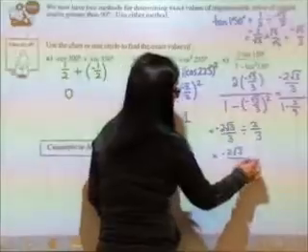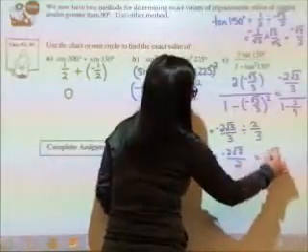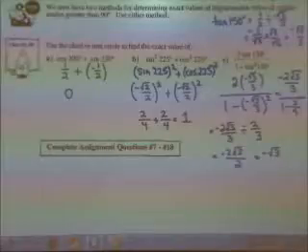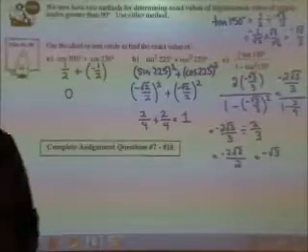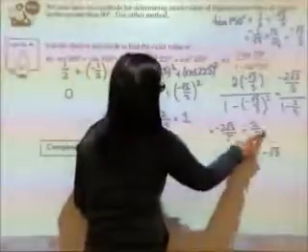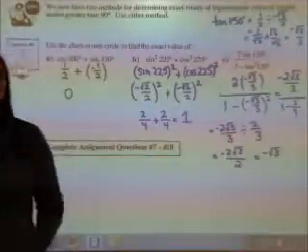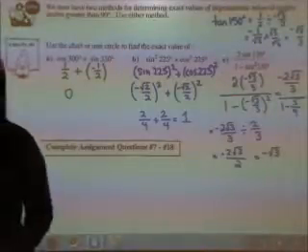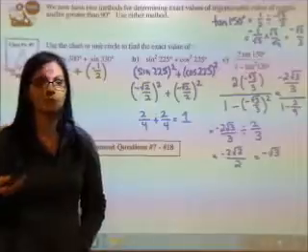I can divide top and bottom by 2, and I get a negative root 3. Okay? Remember, this method of dividing fractions works only when the denominators are the same. When the denominators are different, then I can go back to my other pattern of flip and multiply.